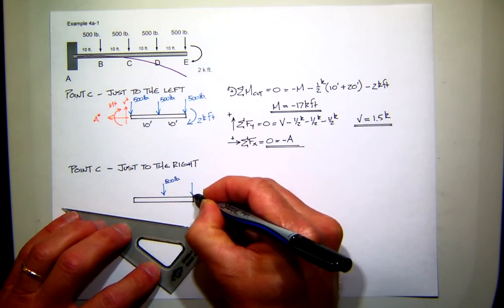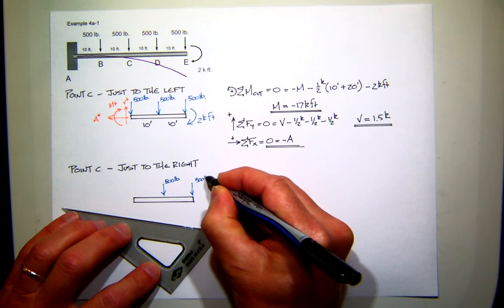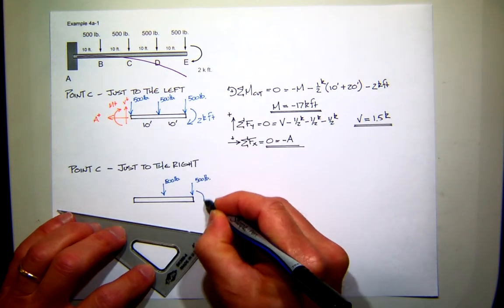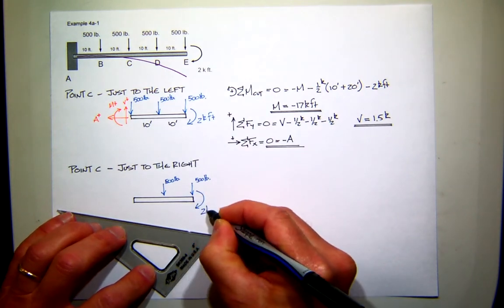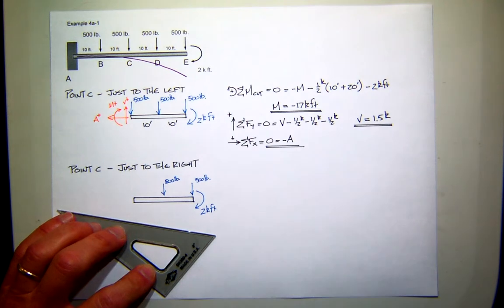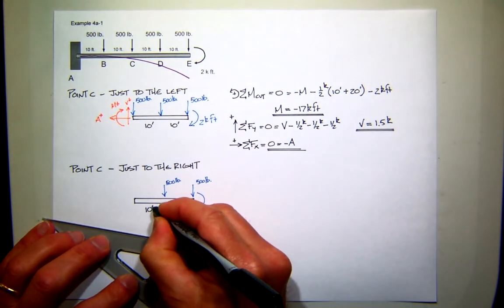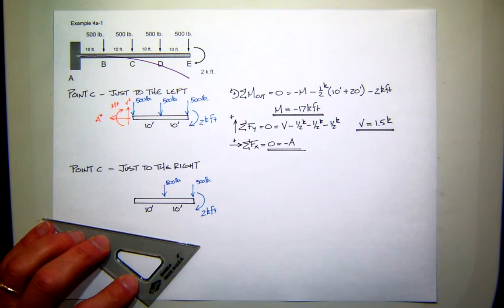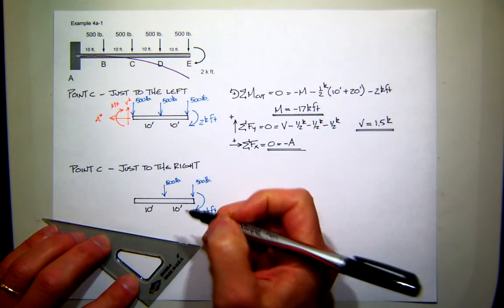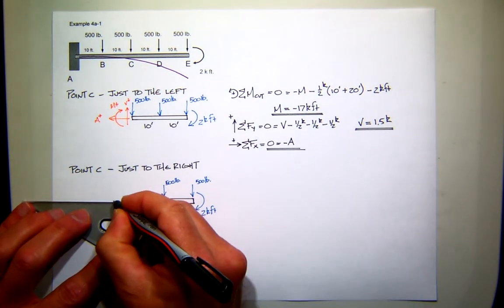I still have the one at the end. I still have my 2 kip per foot applied load. My geometry is the same, 10 feet, 10 feet. And I'm going to make the same assumptions I did before.